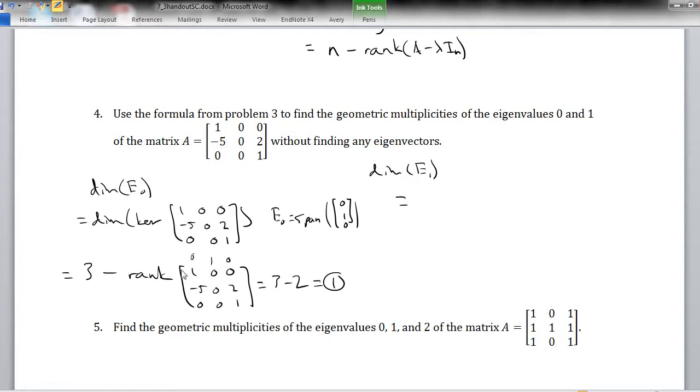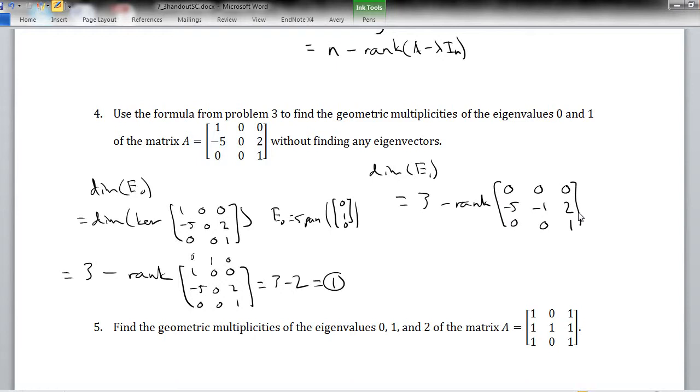Jumping right to this formula, that's supposed to be 3 minus the rank of A minus 1 times I n. So I'm just going to subtract 1 from the main diagonal of my matrix. So I get 0, 0, 0, negative 5, negative 1, 2, and 0, 0, 1.